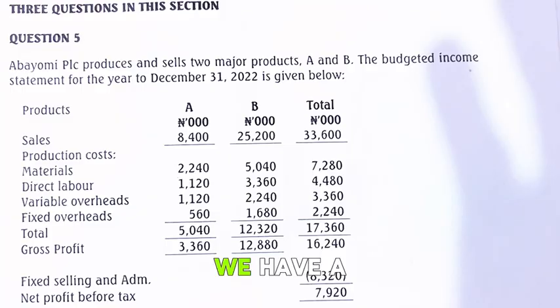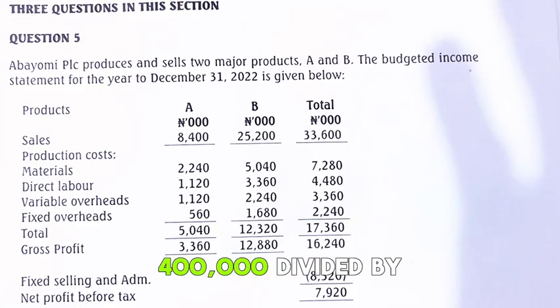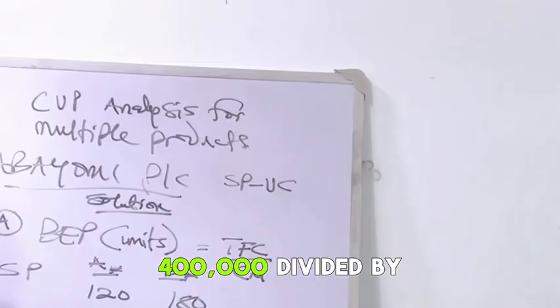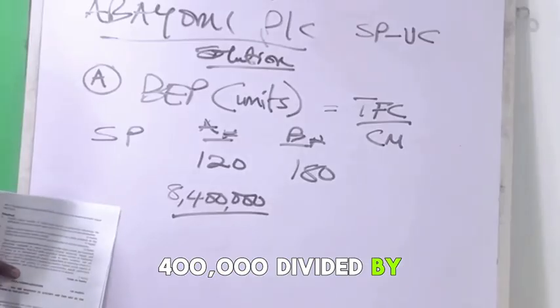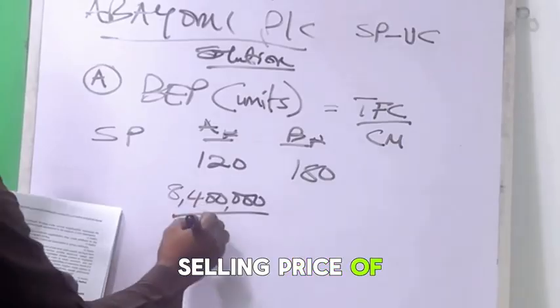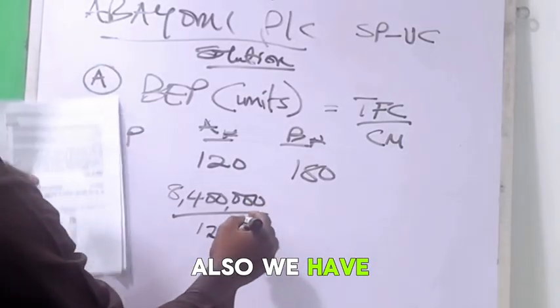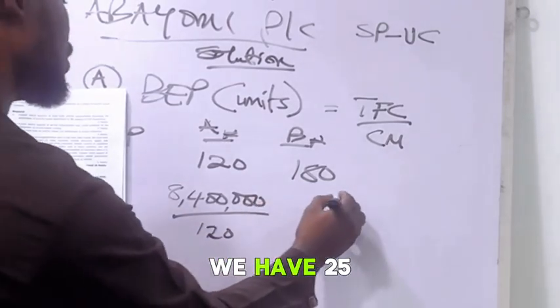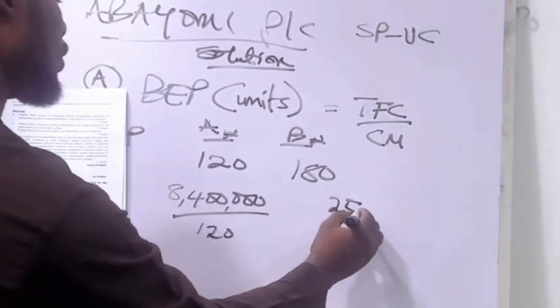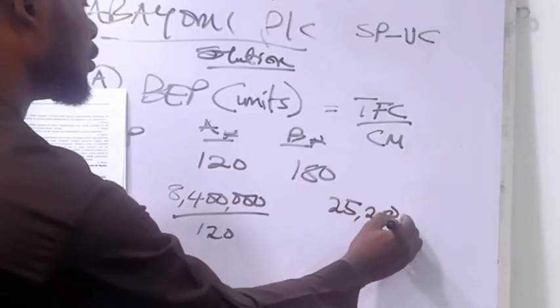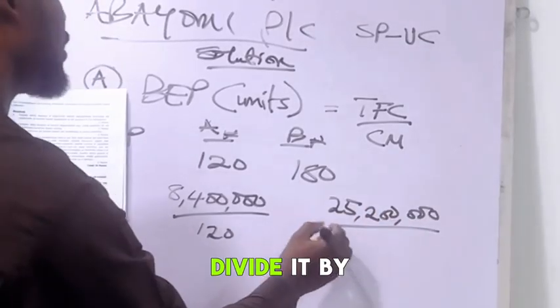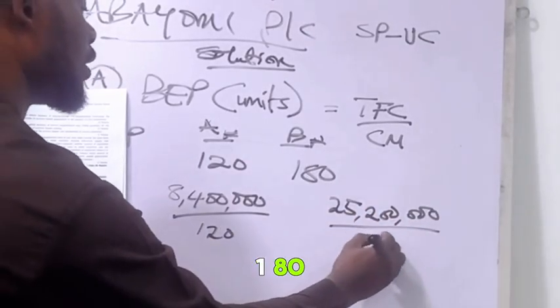So for A, we have a total of how much sales? We have 8,400,000 divided by selling price of 120. Then for B, we have 25,200 divided by selling price of 180.